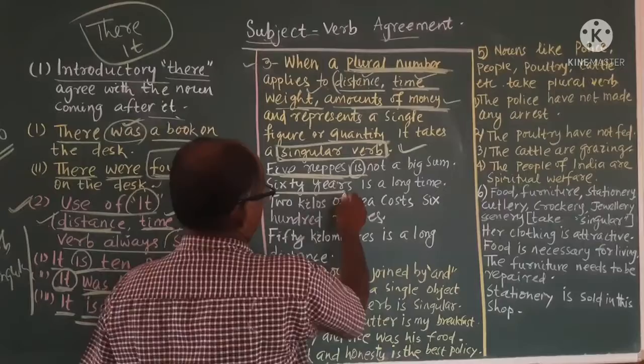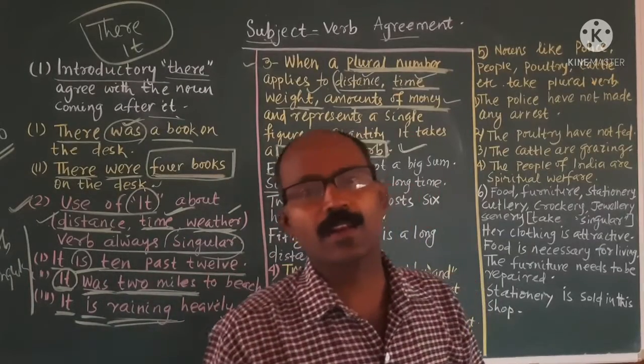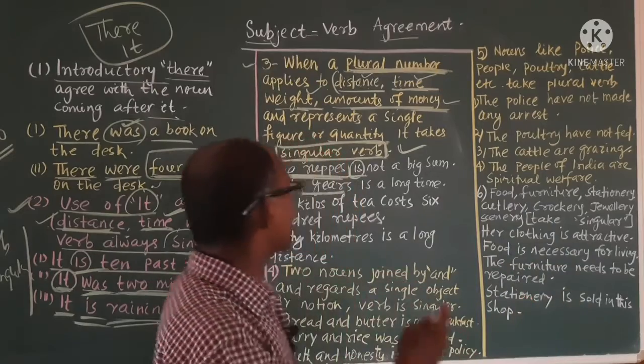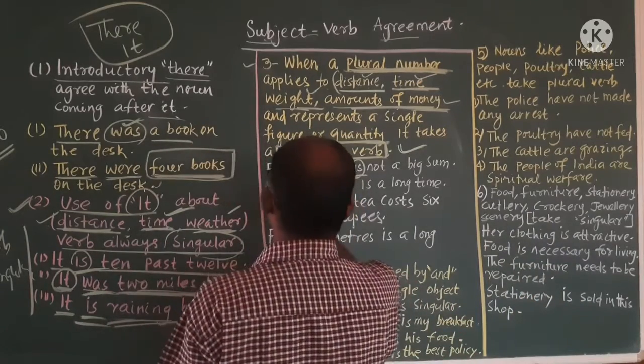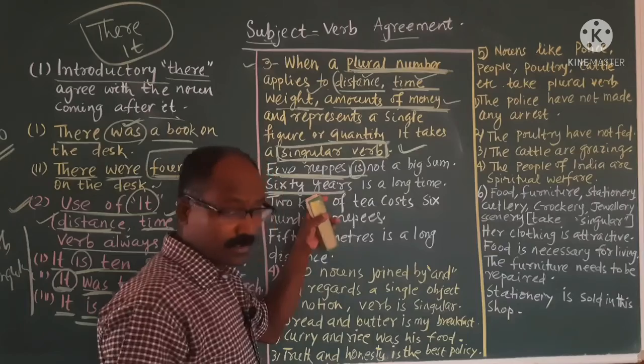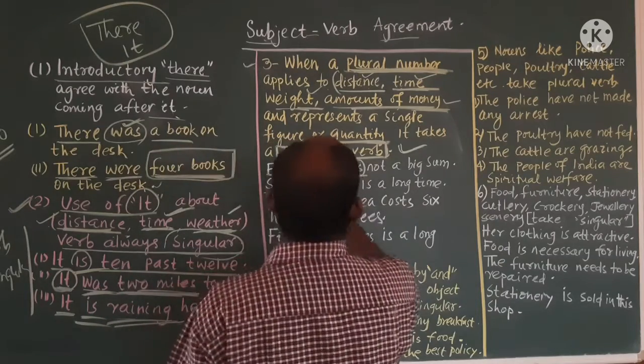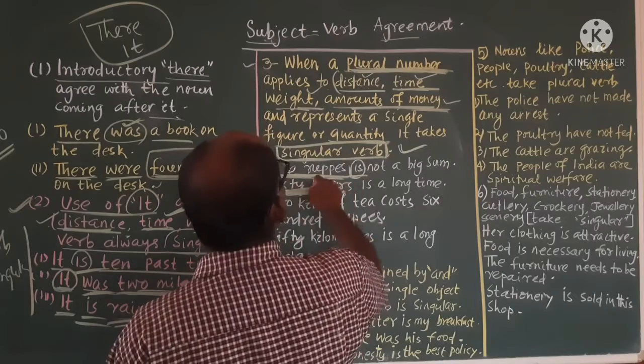Like that, 60 years. If you see, it seems plural. If you see with your eyes, okay, it seems plural. So definitely you are taking the verb as per the subject. My dear students, please remember, 60 years, what does it represent? It is a time.